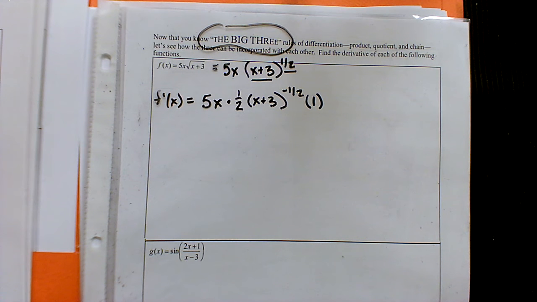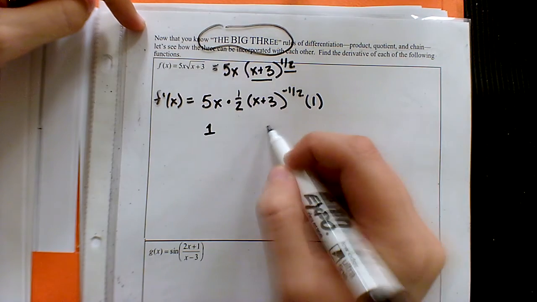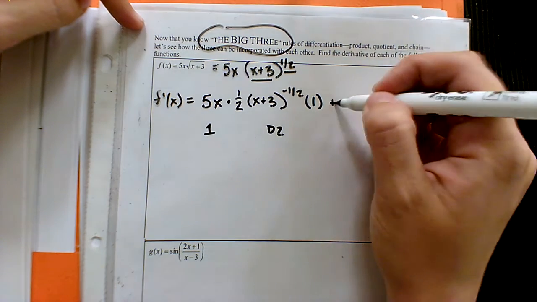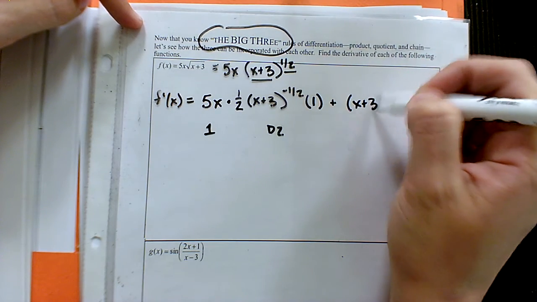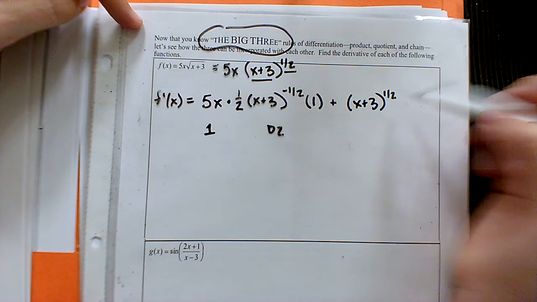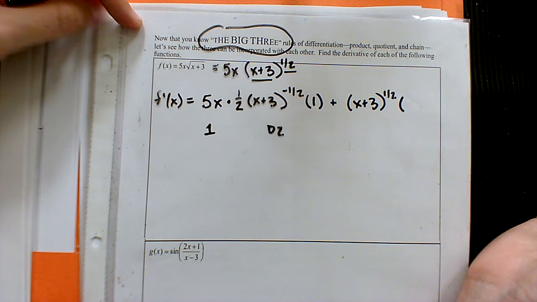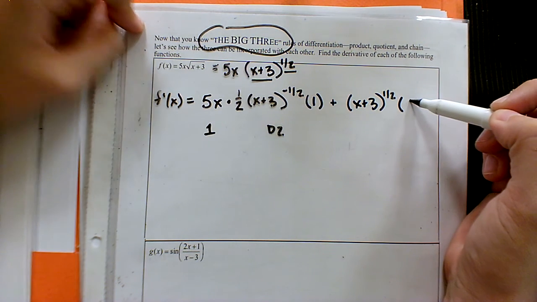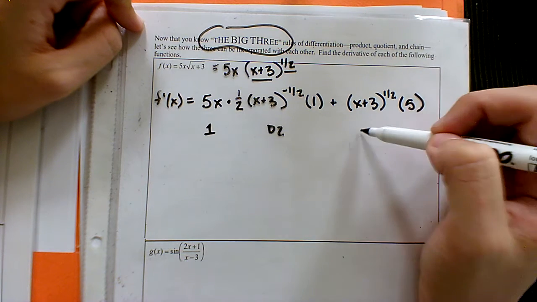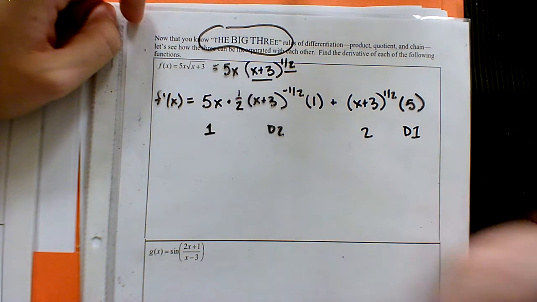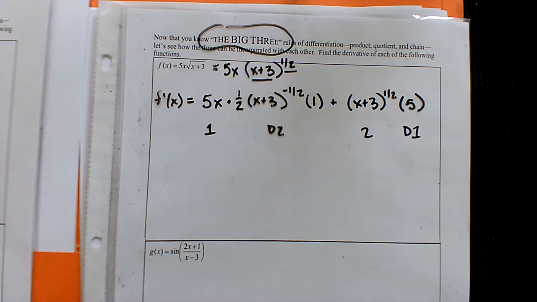Are we done with the derivative? No, because we said we have to start and finish with product rule. So this is 1 d2. We now have to add 2 times d1, the derivative of 5x, which is 5. So there's our overall derivative.